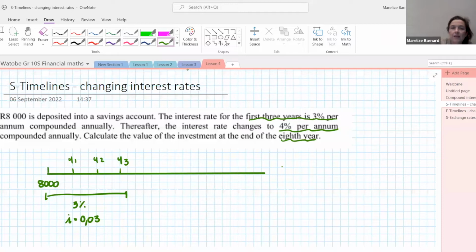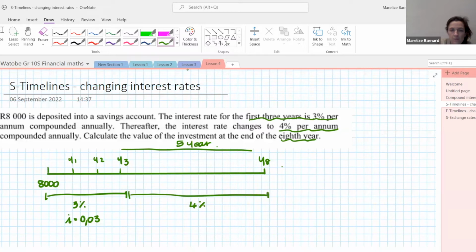And then the interest rate changes to 4%, and that's going to take us up to 8 years. So this is going to be year 8, and between the third year and the final year, we've got 5 years, right? So from year 3 till year 8, that's 5 years, and we have 4% per annum, and we can change that to a decimal to be 0.04.